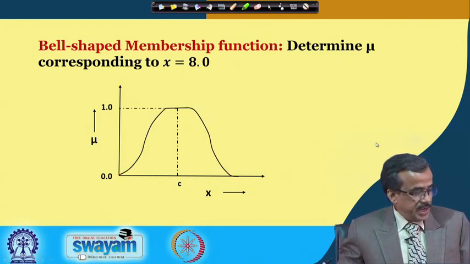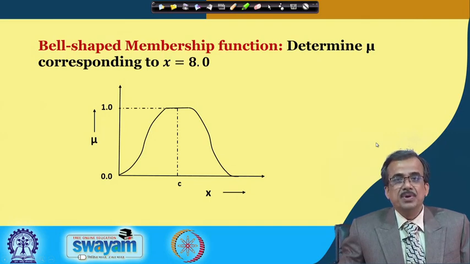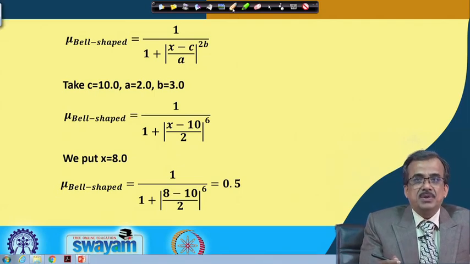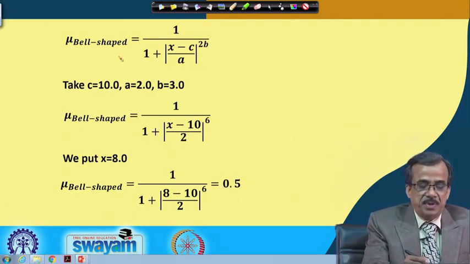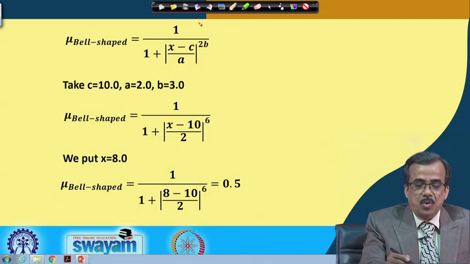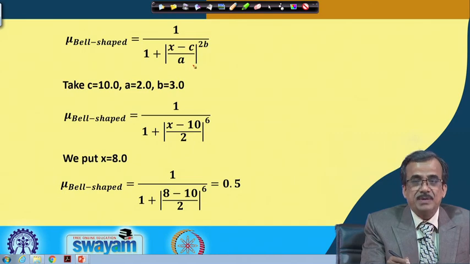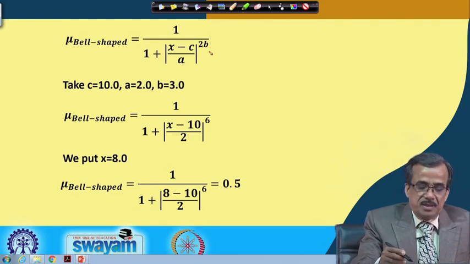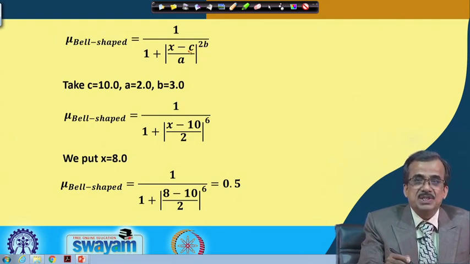The mathematical expression, which I have already discussed, is mu bell-shaped equals 1 divided by 1 plus the mod value of (x minus c) divided by a, raised to the power 2b, and I have already discussed the meaning of a, b and c.